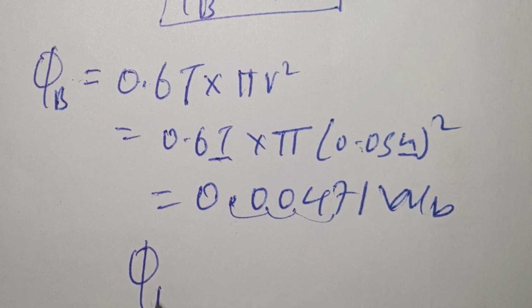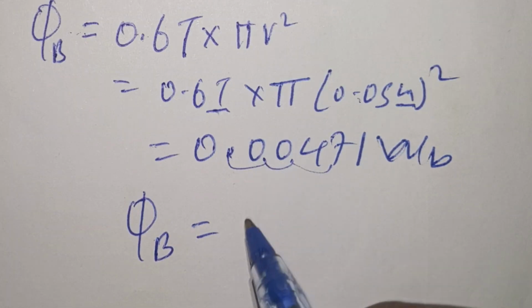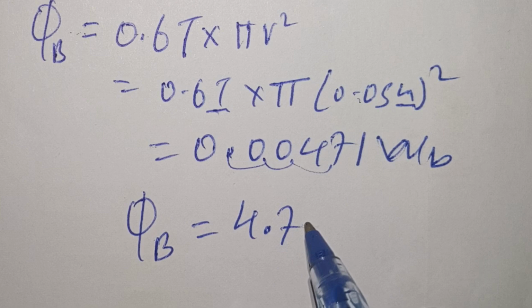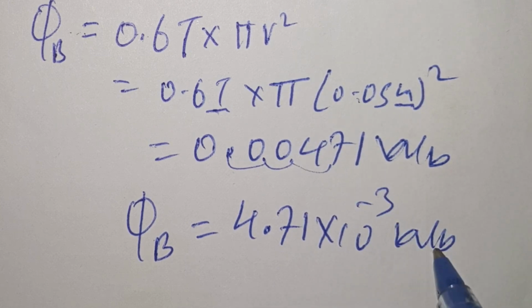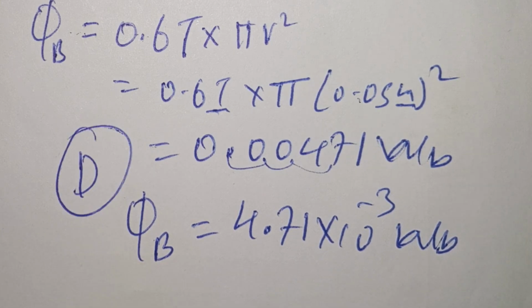So the magnetic flux is equal to 4.71 times 10 raised to minus 3 Weber. So the correct answer is alternative D.